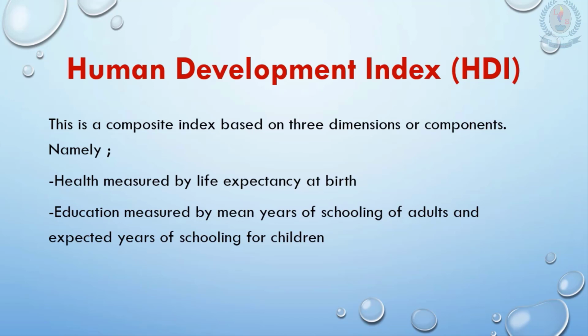Education measured by means of years of schooling of adults and expected years of schooling for children. So this is another component which measures the development of a country, where they look at the expected or the average number of years that a child will be schooling. Income measured by the gross national income per capita, the national income of a country per person in the country.